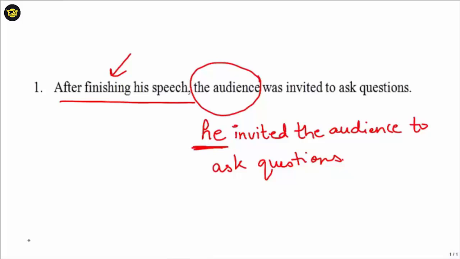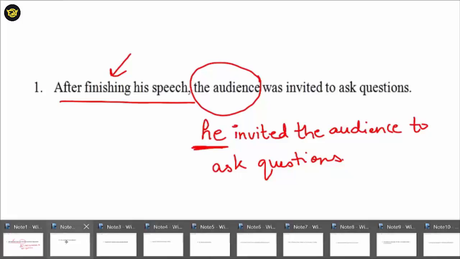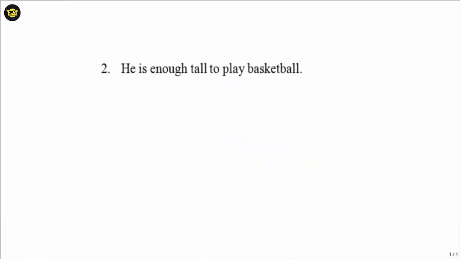So grammatically, if you look at the sentence, after finishing his speech, the audience was invited to ask questions, is grammatically completely fine, right? But logically, it isn't fine. I mean, how can the audience finish his speech? He is supposed to finish his speech, right? Therefore, you've got to use logic over here to be solving these questions. And while grammatically it would look okay to you, it would not be logical enough.